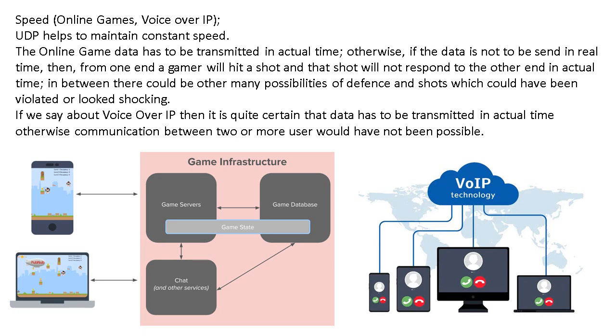In between there could be many other possibilities of defense and shots which could have been violated or looked shocking. As for voice over IP, it is quite certain that data has to be transmitted in actual time. Otherwise, communication between two or more users would not have been possible.